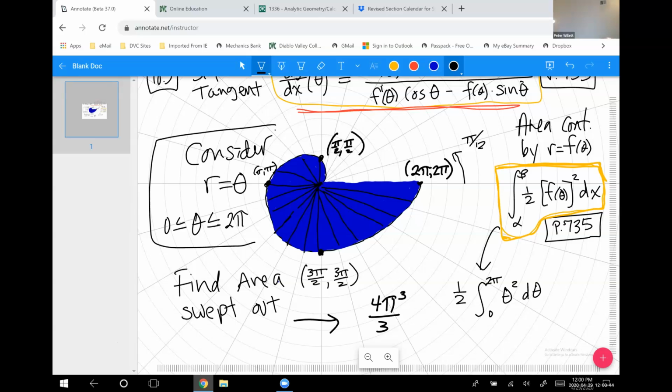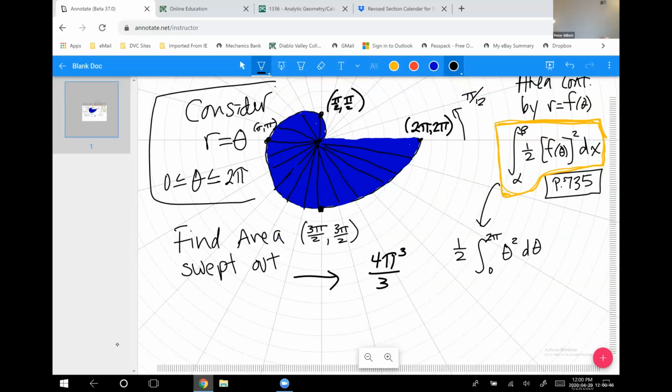Happily, that is not a real complicated integral. It's a theta instead of an x, but other than that, this would be 1/2 theta cubed over 3 evaluated from 0 to 2 pi. That means I get 1/6 times 2 pi to the 3rd minus 0 to the 3rd, which is just 0.